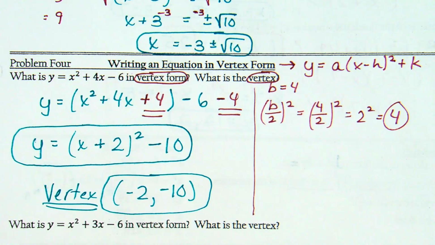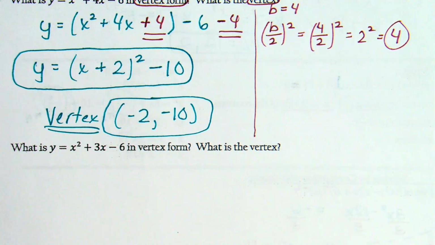What's my step 2? Okay. 3 over 2, quantity squared. Honestly, I'm going to leave it in fraction form. I know it's going to torture some of you, but okay. So when we square 3 over 2, 3 squared is 9, 2 squared is 4, so 9 over 4.